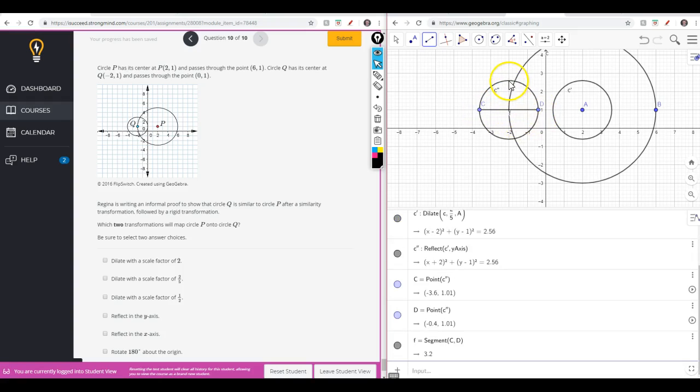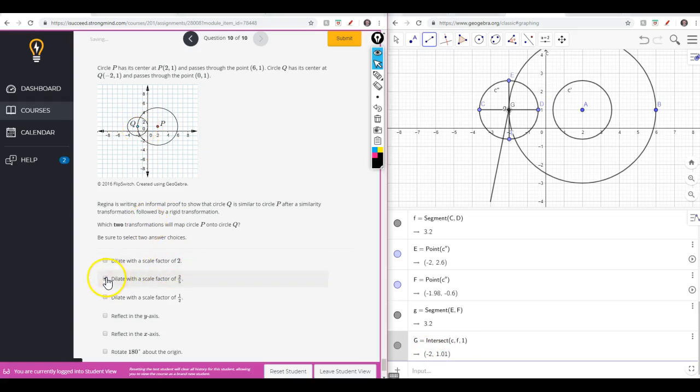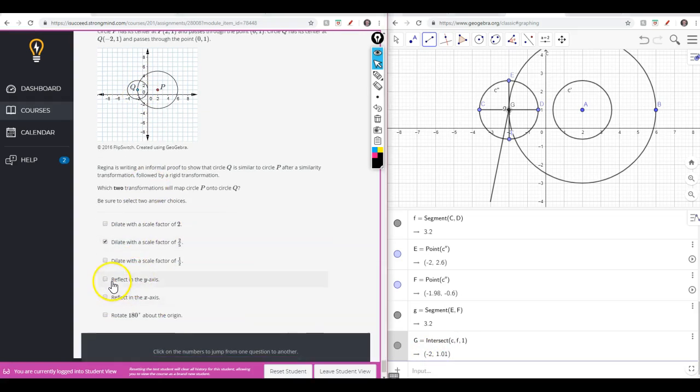Wherever these two intersect is the center, because I'm creating two diameters. Their center looks like it's right here at (-2, 1), which is the center for circle Q. So it was dilate with a scale factor of 2/5 and reflect in the y-axis.